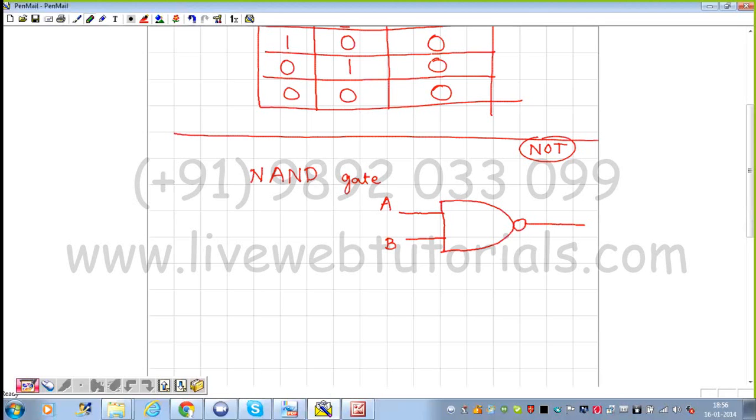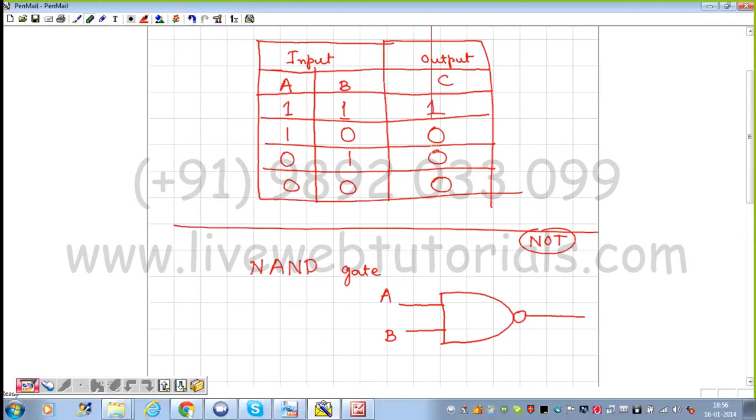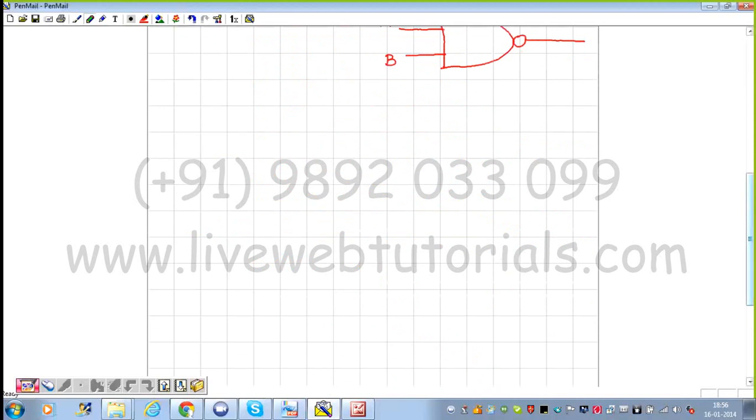The truth table is going to be just exactly opposite of what we have done over here. So wherever here 1 is there, that is going to become 0. Wherever 0 is there, that is going to become 1. So we'll just prepare the truth table for this. That is, first your input is there, then your output is there.